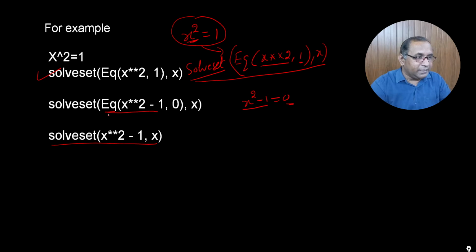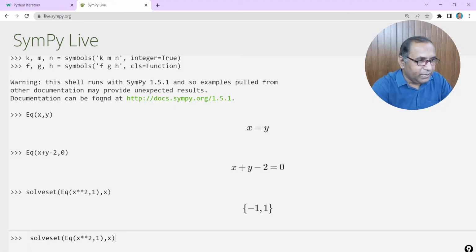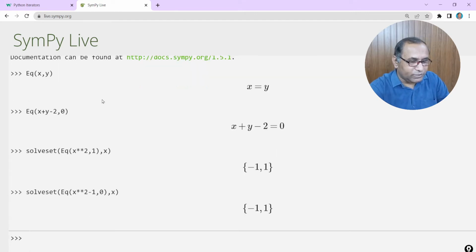We can directly use the solveset function to solve the equation without using Eq, and both will return the set of the solutions. So here we are using solveset, which is x square minus 1 is equal to 0, and when you press enter, this will return the same set of solutions.